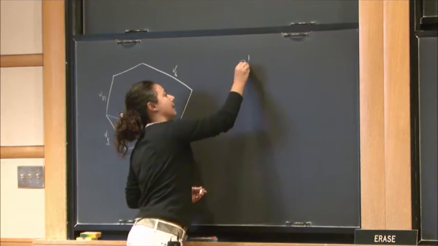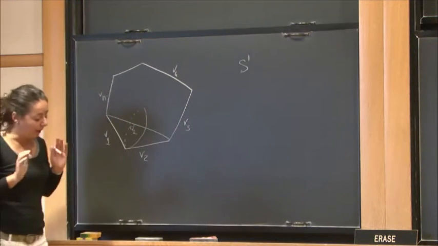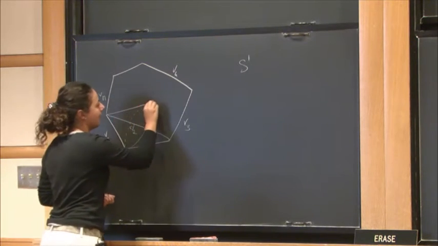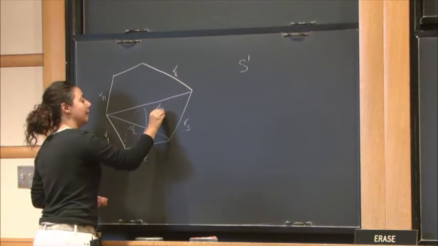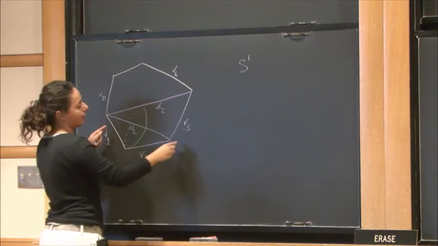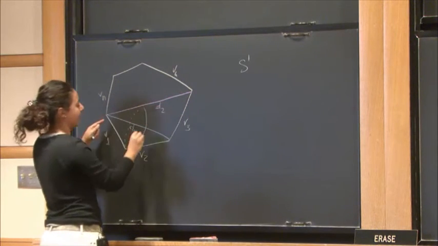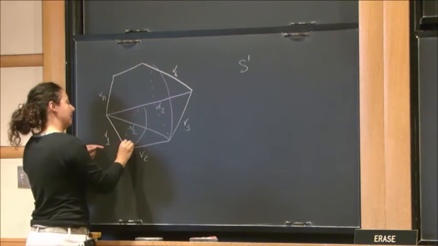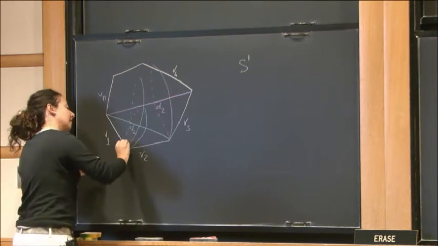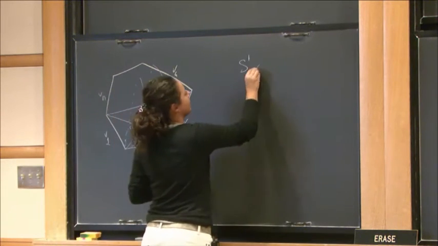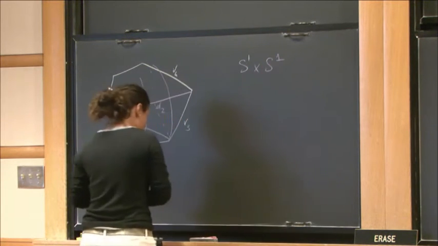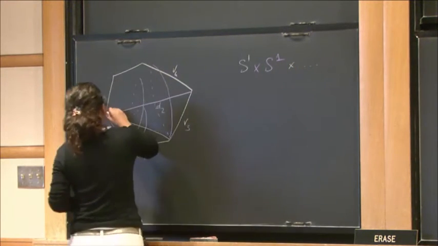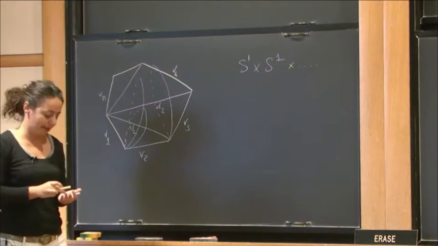So this defines an S1 action on the polygon space in a good situation, which I will comment on in a moment. I can also choose the second diagonal and play the same game. I rotate V1, V2, V3 around the diagonal and leave the rest fixed. The drawing might not be the most accurate, but I can keep going for as many diagonals as I can find.